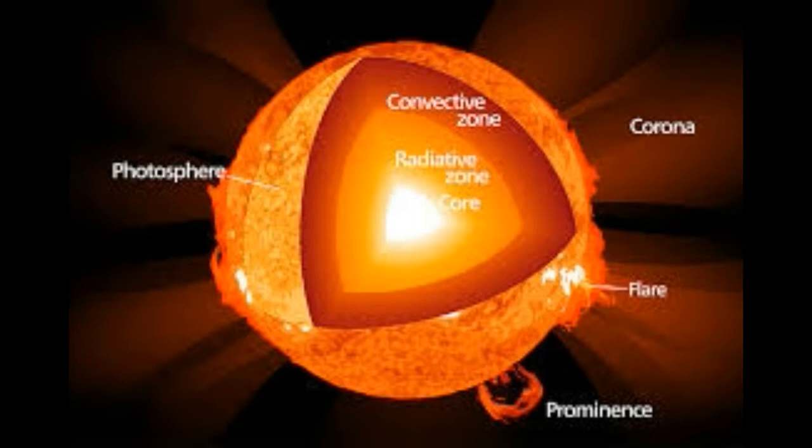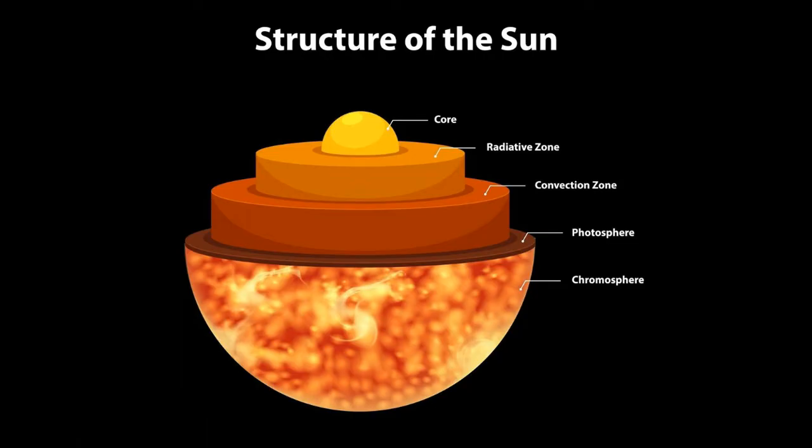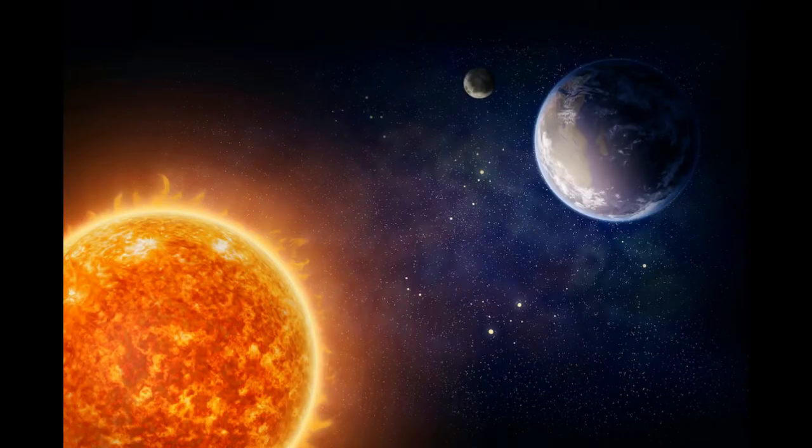A convection current is when hot gas rises next to cooler gas falling, which causes movement or currents. This energy is carried by photons, which can take 2 lakh years to move from the core to the sun's surface. It then takes 8 minutes for those photons to travel to Earth and provide us with energy.